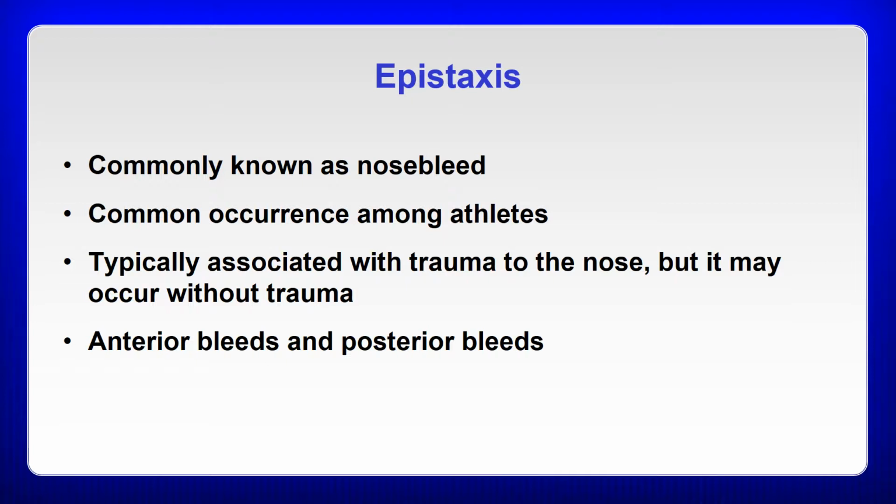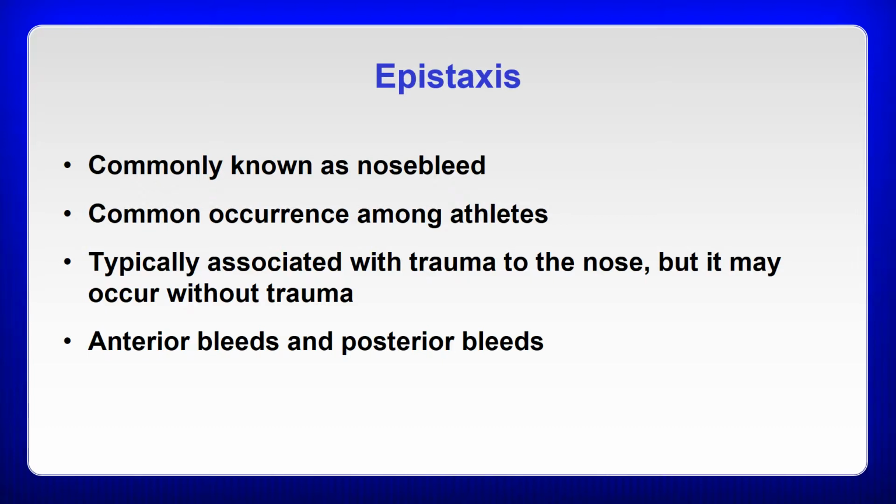We talked in the beginning of class about the structure called Kesselbach's plexus, which forms on the septum. That's typically where most of your nosebleeds occur, from that blood vessel plexus on the septum.